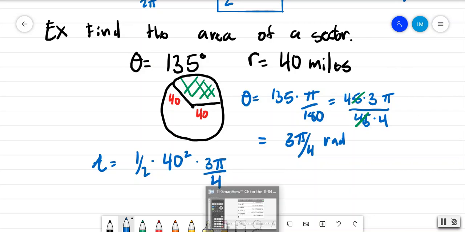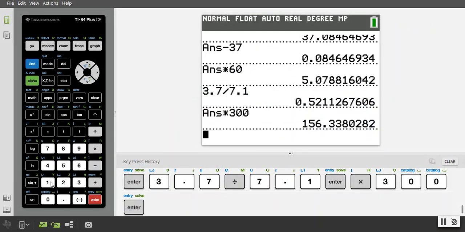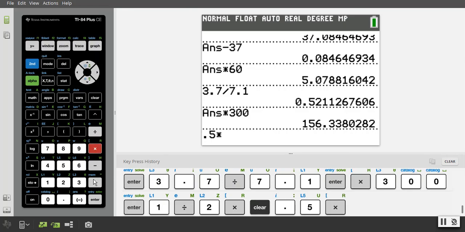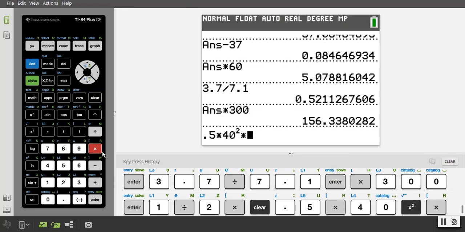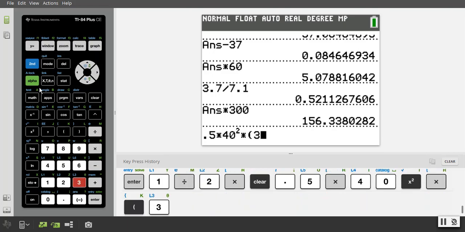Let's just say 0.5 times 40 squared, multiplied by 3 pi over 4. And we're just going to do that.